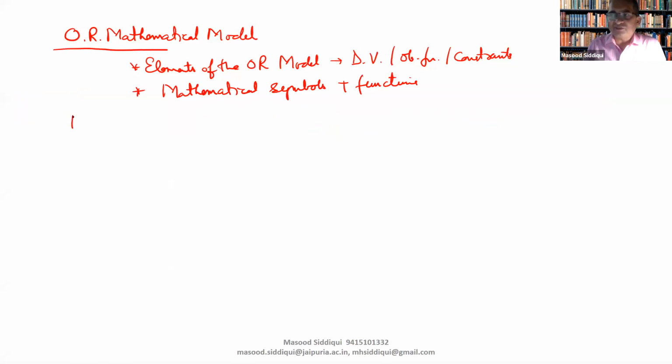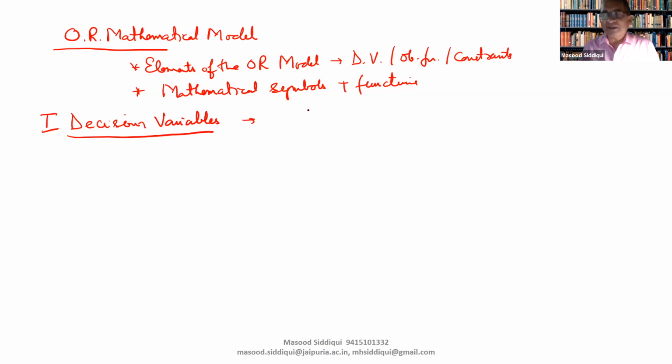As we have discussed, the first element of any OR mathematical model is the decision variables. They constitute the decision alternatives. Since we are using mathematical symbols, they are represented by algebraic symbols like x1, x2, and so on, up to xn.